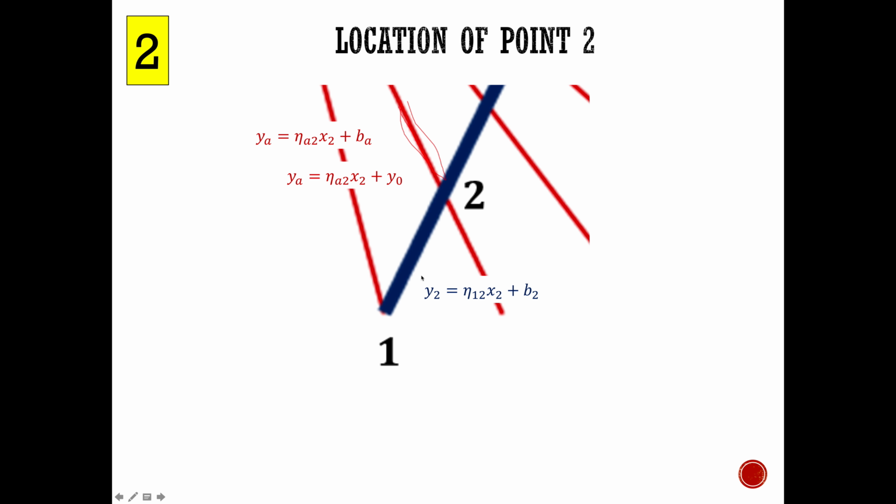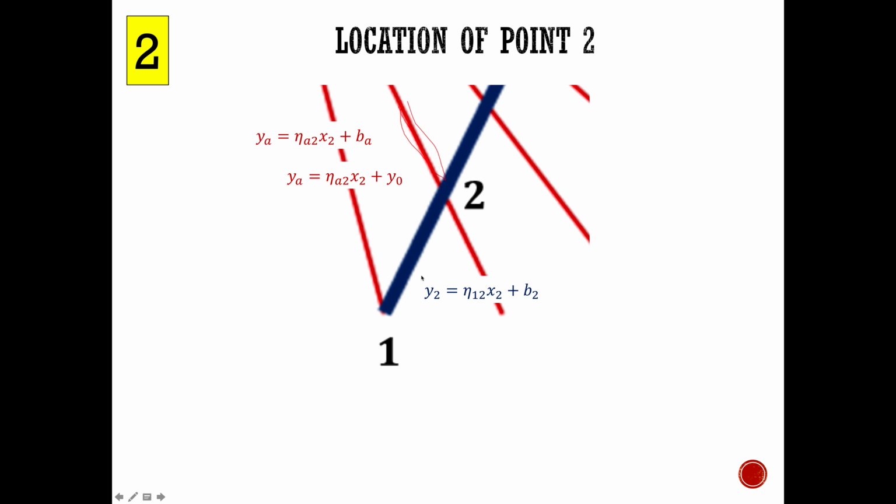So let's rearrange the same equation. b2 is y2 minus this, but the same line passes through point 1, so it has to satisfy point 1 as well. So I'm going to substitute y1 minus mu 1,2 times x1. Therefore my final y2 equation, I can write as this equation right here.